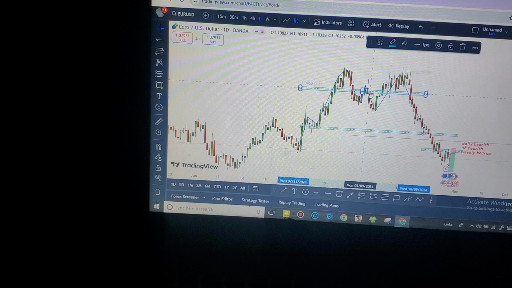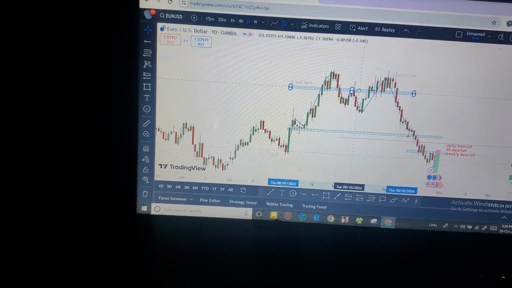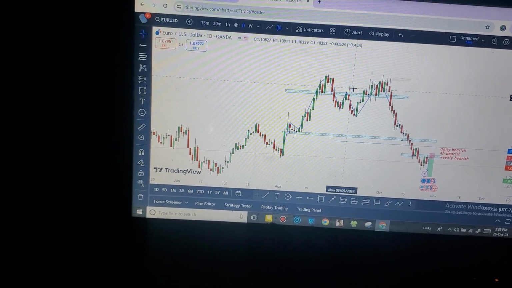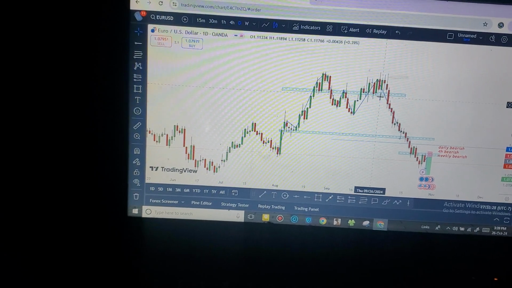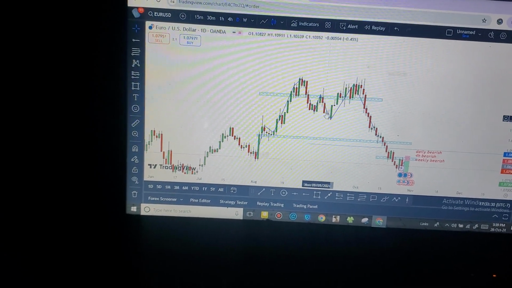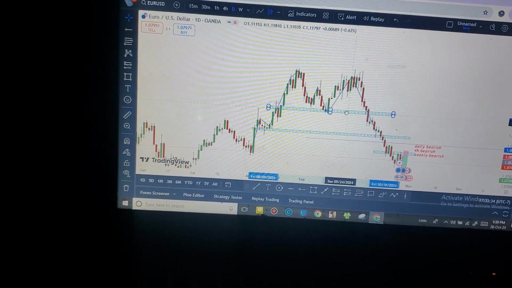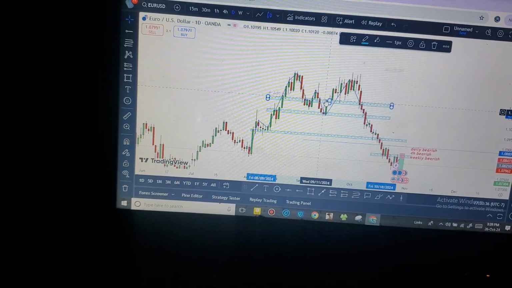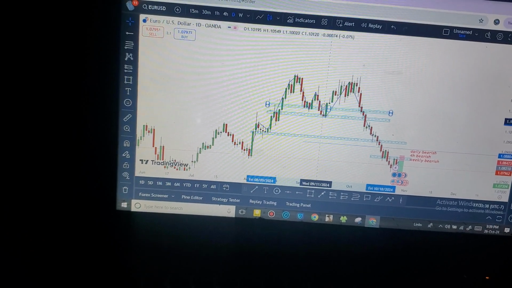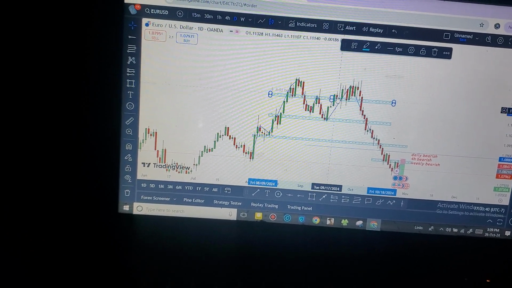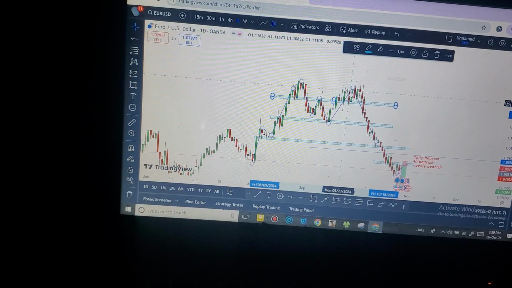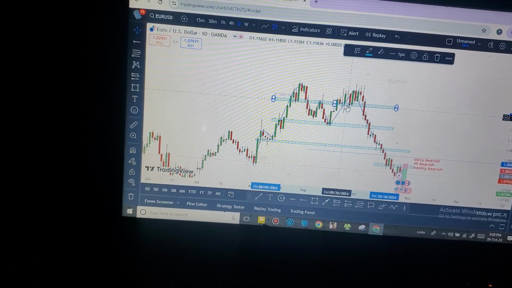If this is our new higher high, this will be our new lower high. We broke and went down, then we got a sell to our TP, then our new lower low, and then this was our new lower low here, then this became our new lower high. We broke up, meaning now we became bearish again in this trend.